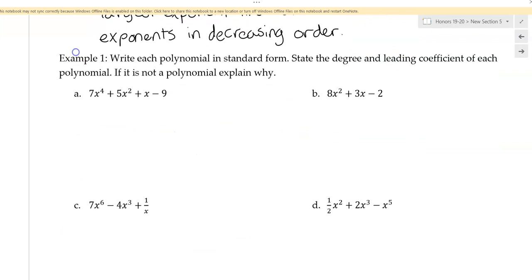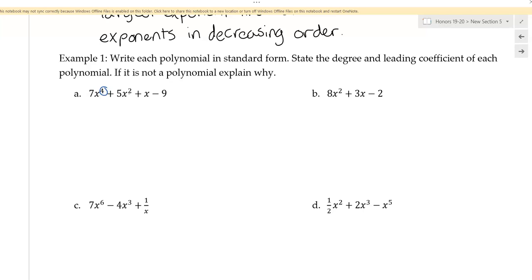Alright, example 1, write each polynomial in standard form. State the degree and leading coefficient of each polynomial. If it's not a polynomial, explain why. Well, I'm going to look here. Our largest exponent in A is this 4. Okay, it's already first.